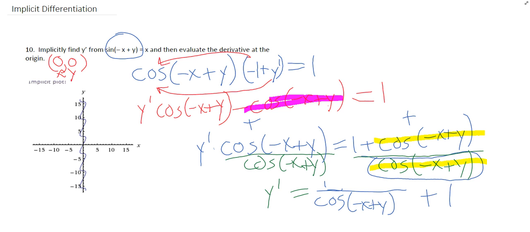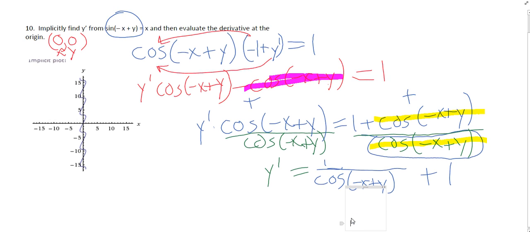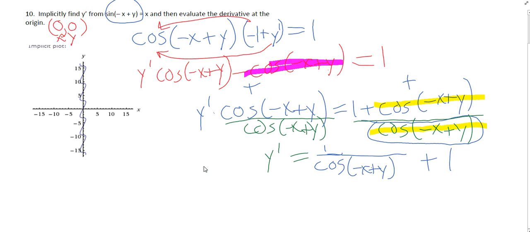And now we can plug in 0, 0 for x and y. Luckily we only have one x and one y term here. So we have y prime is equal to 1 over cosine of 0 plus 0, plus 1.